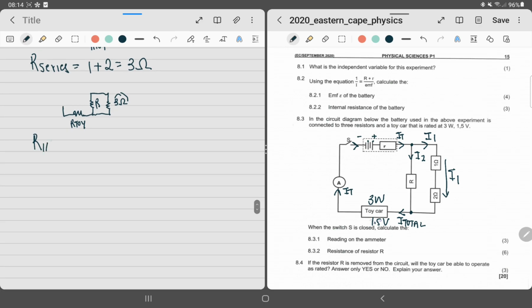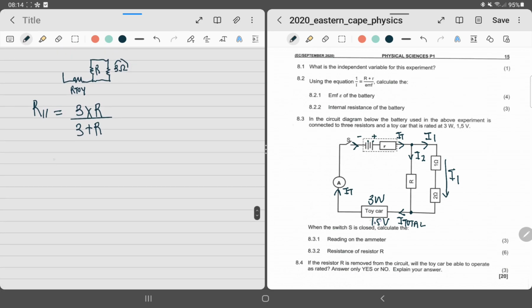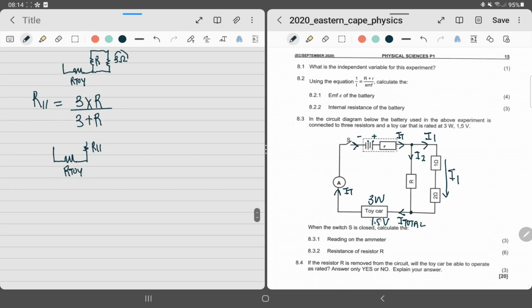And then we'll find the parallel combination, because the 3 ohm resistor is connected in parallel to the R resistor. So R parallel should be equals to, we take the first resistor, we multiply it with the second one, and then we just find the sum of the two. That is the parallel combination. Now our circuit will look like this. So now we have R parallel together with the R of the toy.